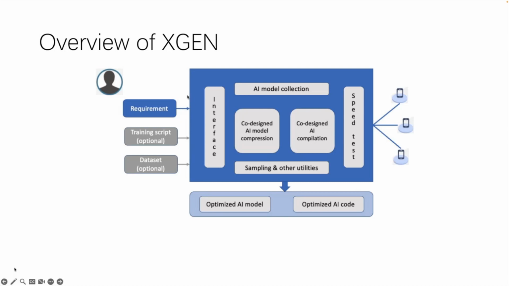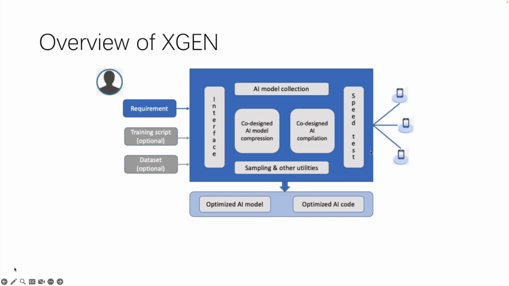Now, as an end-to-end optimization tool, it accepts users' requirements like latency and desirable accuracy, and could also include some existing training scripts for some initial machine learning models that could be optimized, as well as users' datasets as input to the toolchain.